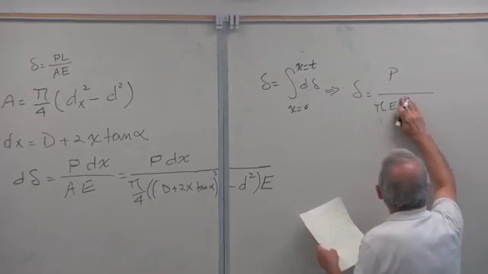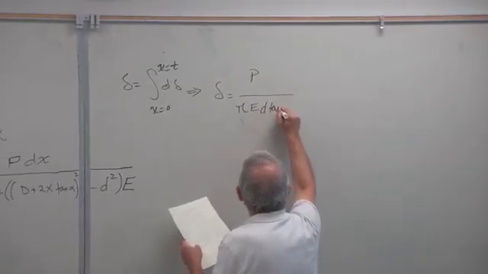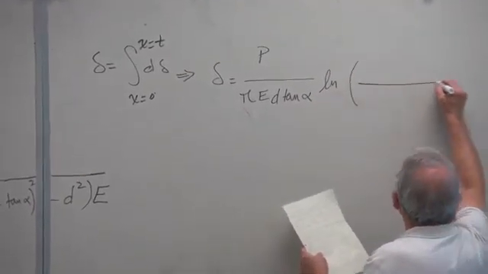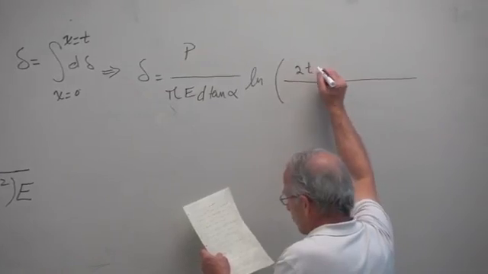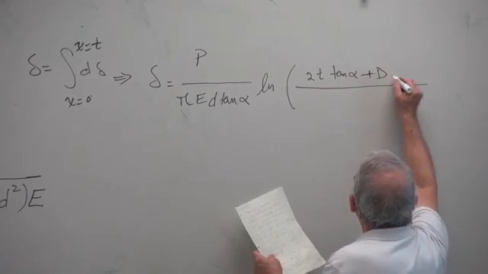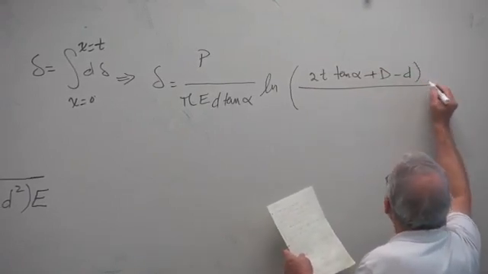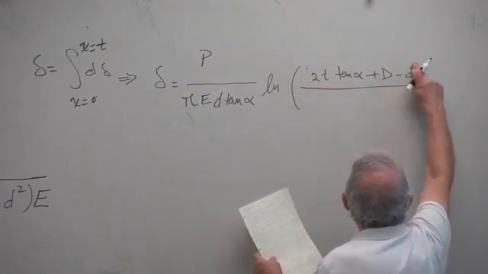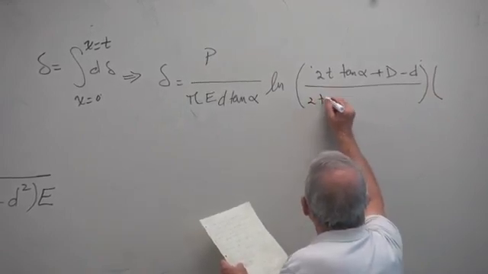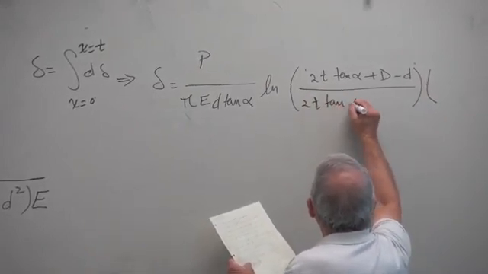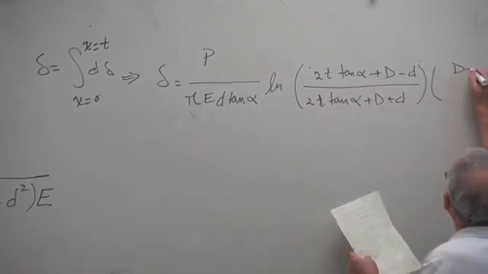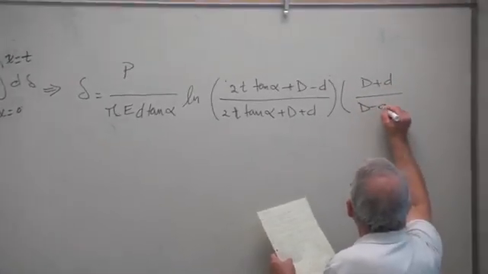d, little d, tan alpha, log of (2t tan alpha plus D minus d) divided by (2t tan alpha plus D), multiplied by (D plus d) divided by (D minus d).